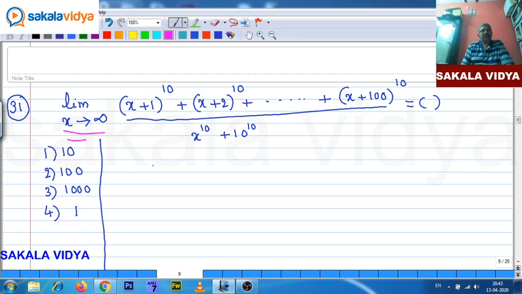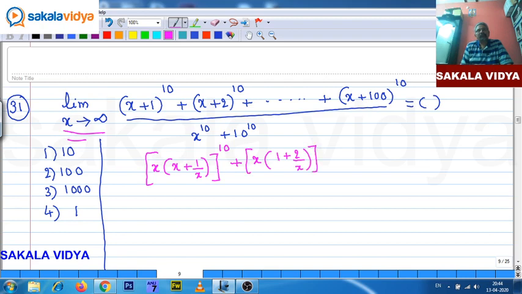So first let us write like this: x common, we have x into 1 plus 1 by x, whole to the power of 10, am I correct, plus in the second term also take x common, 1 plus 2 by x whole to the power of 10 and so on.